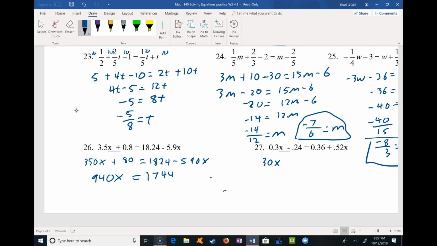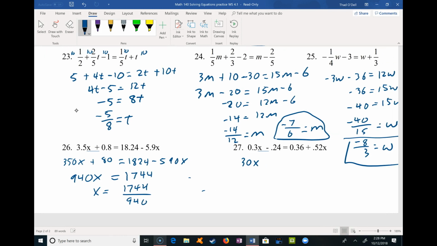So then we'll divide by 940, and I get x is equal to 1744 over 940, and that again is divisible by 4. So that would be 436 over 235.